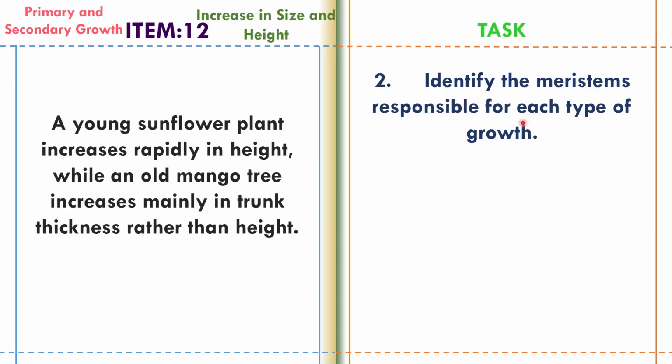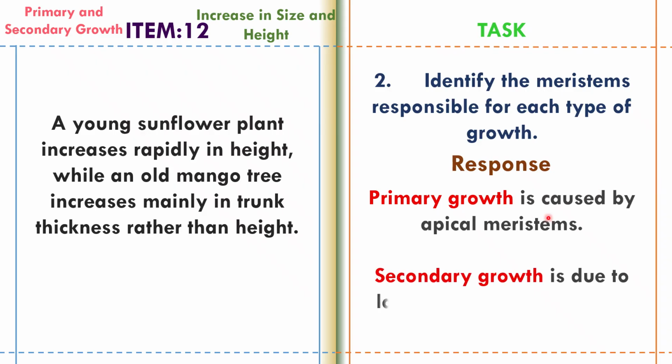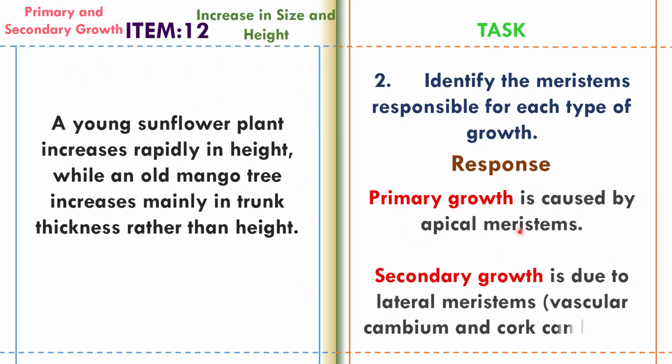Identify the meristems responsible for each type of growth. Primary growth is caused by apical meristem. Secondary growth is due to lateral meristem of vascular cambium and cork cambium.